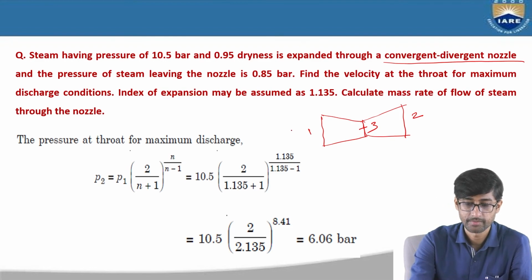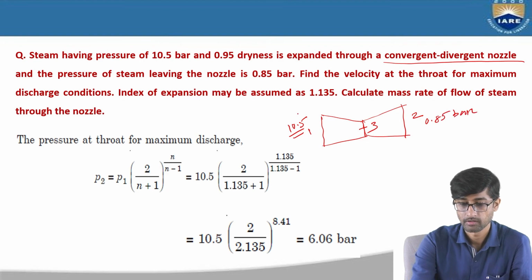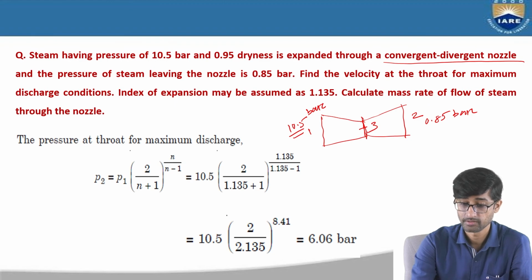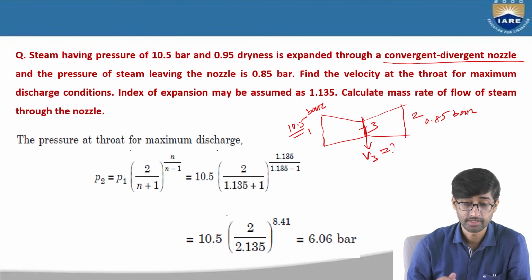Here the pressure is given 10.5 bar and exit pressure is given 0.85 bar. What is the throat pressure we have to calculate? The condition is given, calculate the velocity at the throat. That means V3. Here we have to calculate the velocity V3. What is the velocity of V3? Throat for maximum discharge conditions.